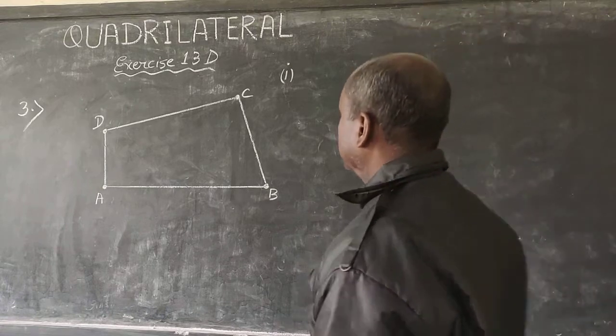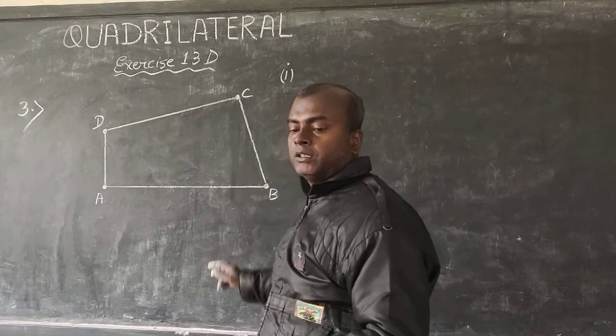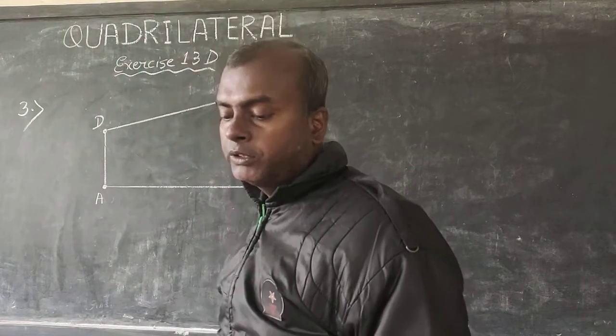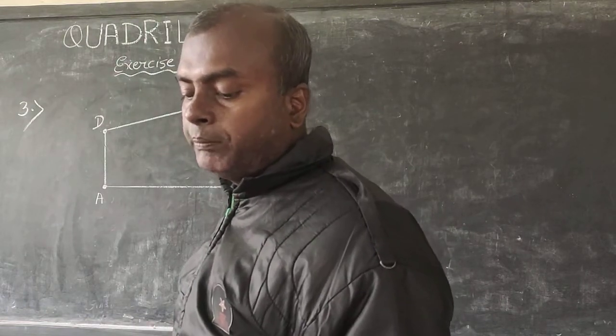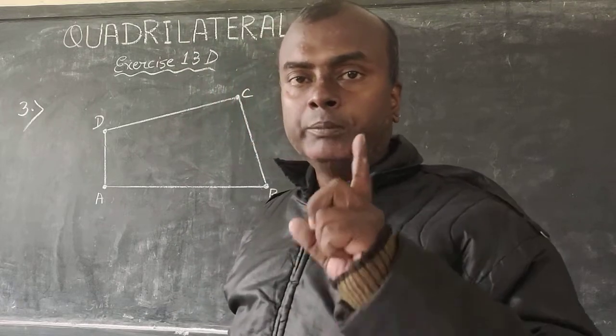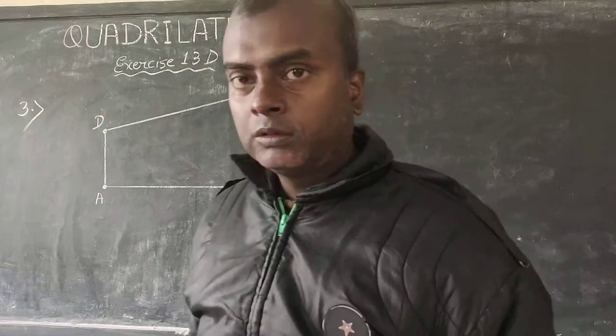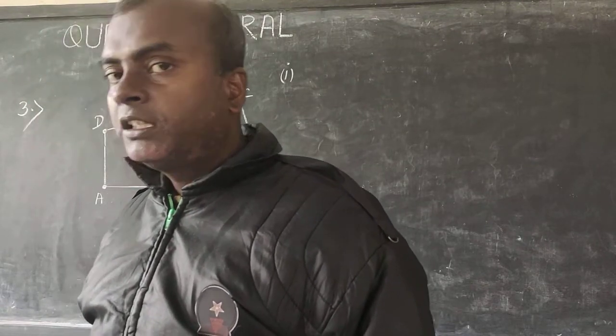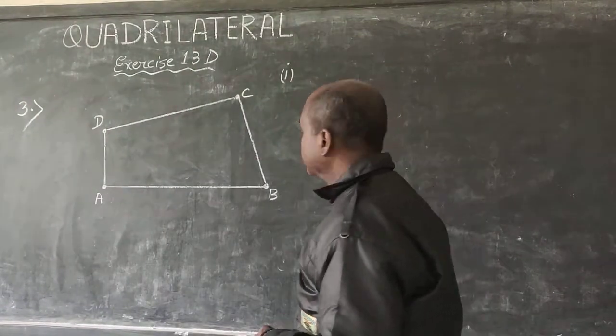Question number 3, the problem figure is this, and in that we have 4 questions asked. First question they have asked is, how many pairs? Pairs means in Hindi we say joda. In one pair there are 2 elements. How many pairs of adjacent sides are there? Remember adjacent sides?